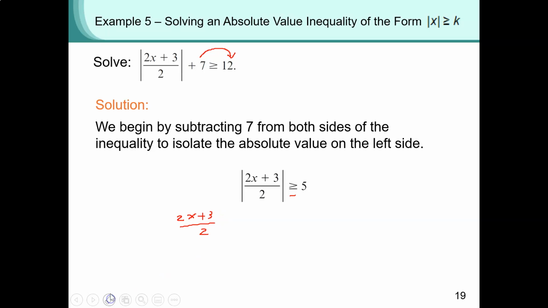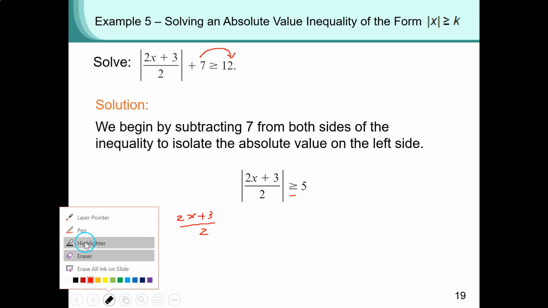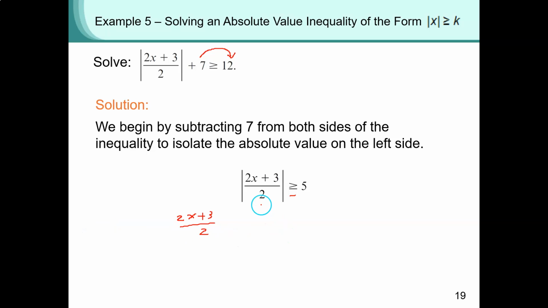Okay. So we start to rewrite. We rewrite it into 2x plus 3 over 2 greater equal than 5, or 2x plus 3 over 2 less equal than -5.